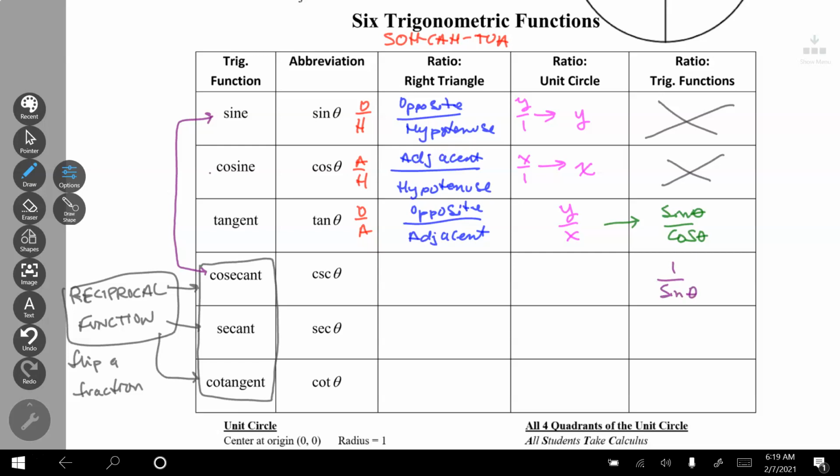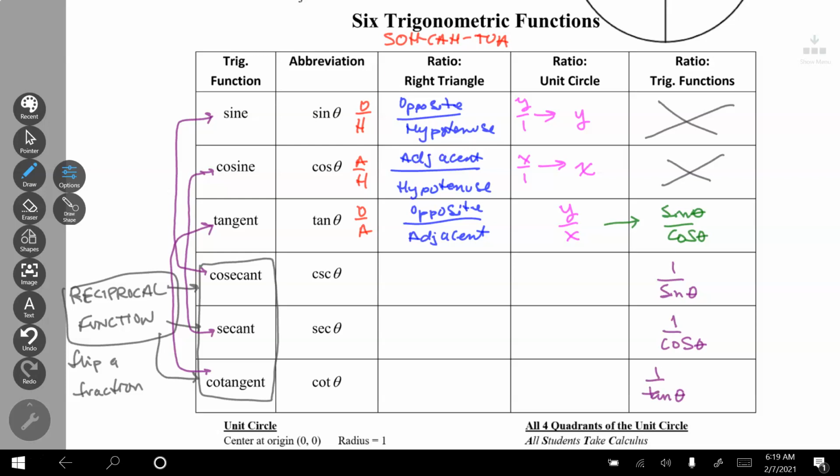And cosine goes with secant. Secant is SEC. So secant is 1 over cosine theta. And tangent goes with cotangent. So cotangent, COT, is 1 over tangent of theta.